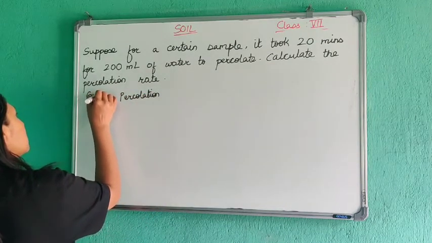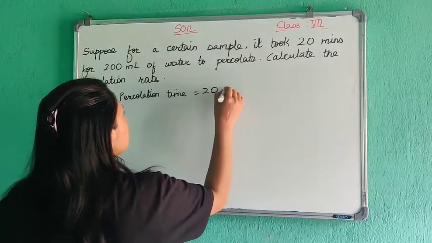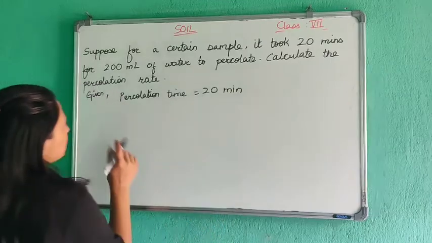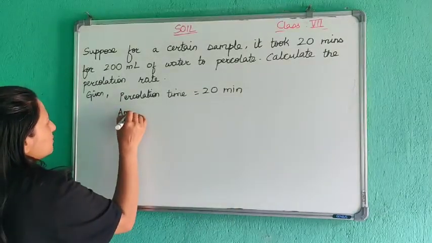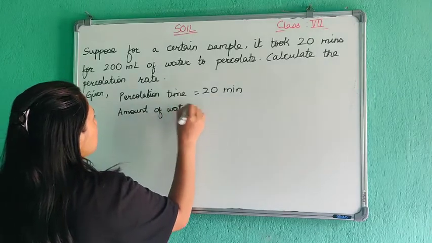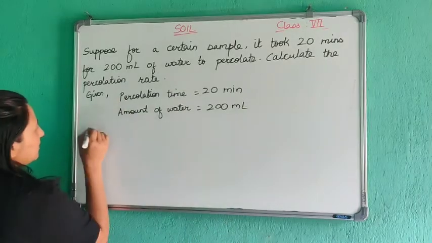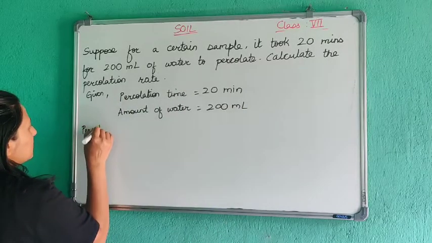Given is percolation time, that is equal to how much? 20 minutes. And amount of water is also given, that is 200 milliliter.